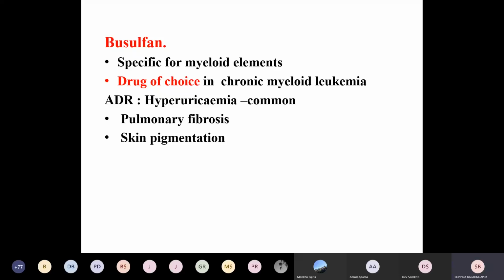Next is busulfan. This is specifically used for myeloid elements. Drug of choice in chronic myeloid leukemia, what is called CML, is busulfan. Adverse reactions: hyperuricemia, pulmonary fibrosis and skin pigmentation.